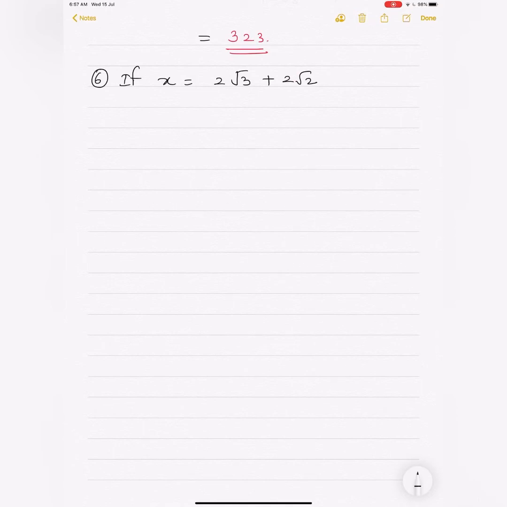You have to find the value of 1 upon x. Then find the value of x plus 1 upon x. And after that you have to find the value of x plus 1 upon x the whole square. Once you get them, you add those two answers, x and 1 upon x, and then again square it, you'll get the third part.